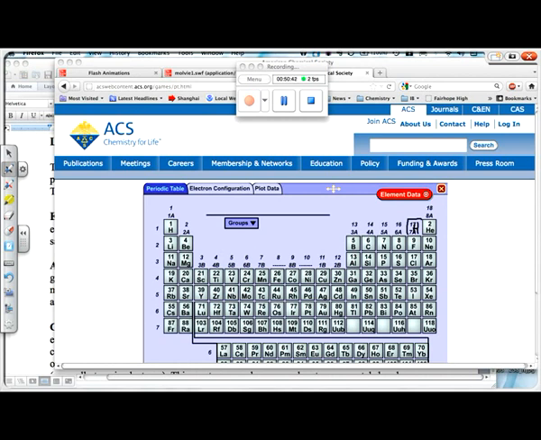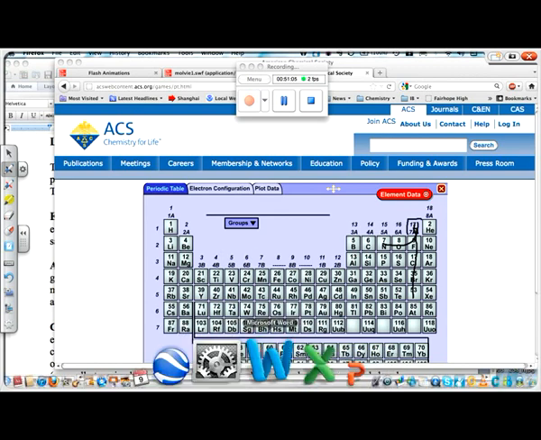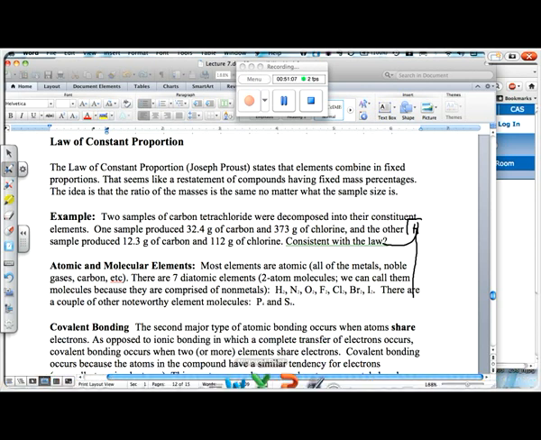Anyway, the 7 elements that come in as diatomic elements are all together like this. So I always tell students it's like a script 7, starting with nitrogen, oxygen, hydrogen, fluorine, chlorine, bromine, and iodine. Those elements, when you are talking about the element, exist as diatomics, H2, N2, F2, and so on. Okay? You need to know that.